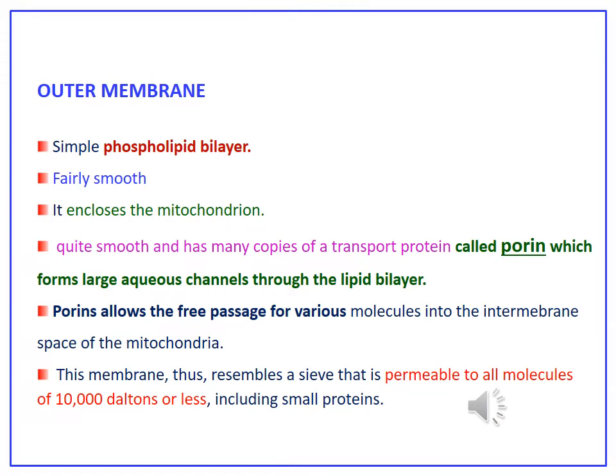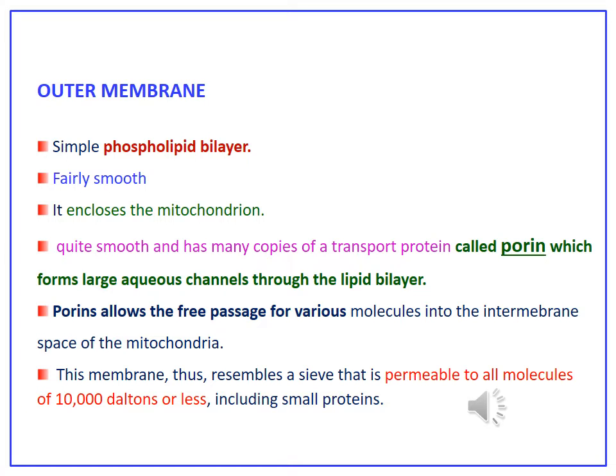The membrane covering the mitochondria is called the outer membrane. It is made up of a phospholipid bilayer and looks fairly smooth. It has many copies of a transport protein called porin, which forms large aqueous channels through the lipid bilayer.